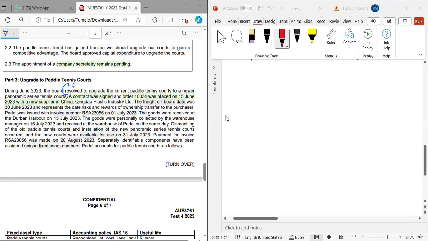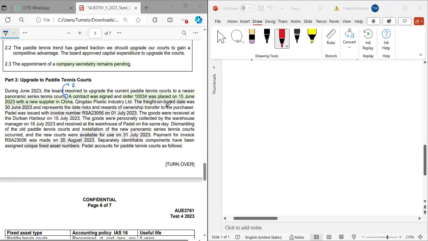So you can make a side note for yourself as you are reading the scenario, right? So the flight on board date was the 30th of June 2023. So basically, this is the date the risk and rewards of ownership transferred to the purchaser. And this can be directly attributable to the recognition, right?